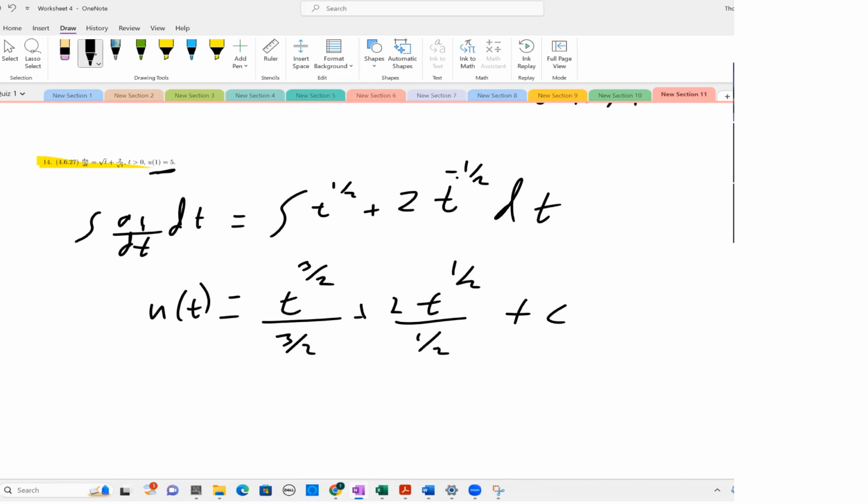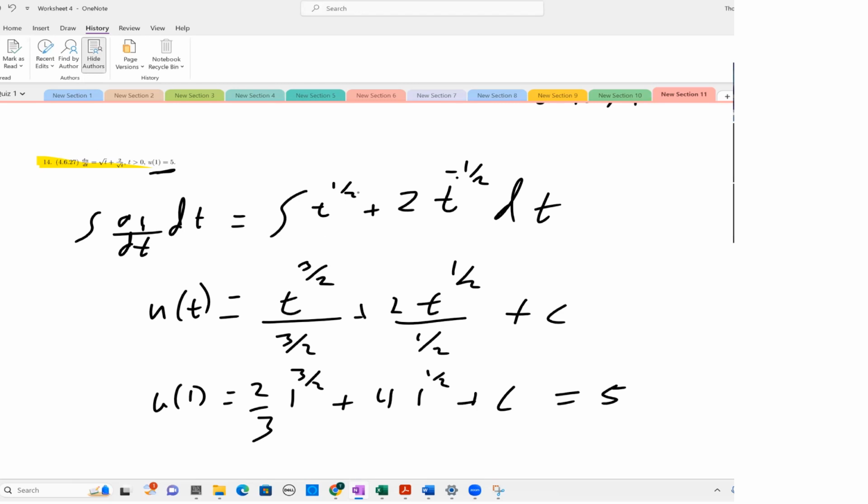And we can see that we don't know what that constant is, and we use the initial value to solve for that constant. So u of 1 equals 2/3 times 1 to the power 3/2, plus 4 times 1 to the power 1/2, plus c, and we're told that this is equal to 5.